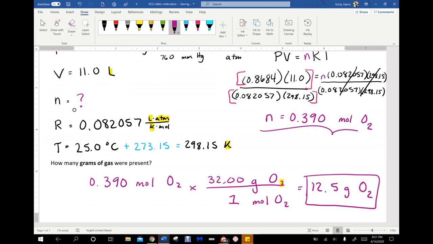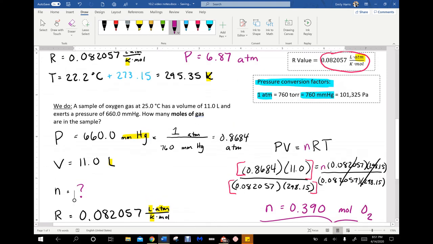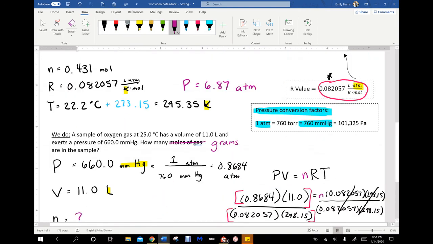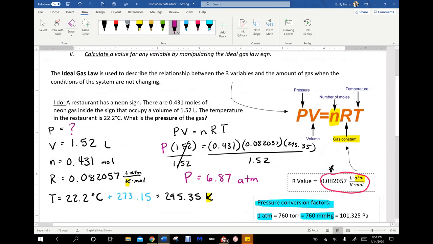And so just a tip for you, sometimes in the practice problems, instead of asking you for how many moles of gas are in the sample, they may just start out by directly asking you how many grams are in the sample. And so you have to remember, okay, grams doesn't appear directly in the PV equals nRT formula, but you have a connection that you can get to by solving for moles.